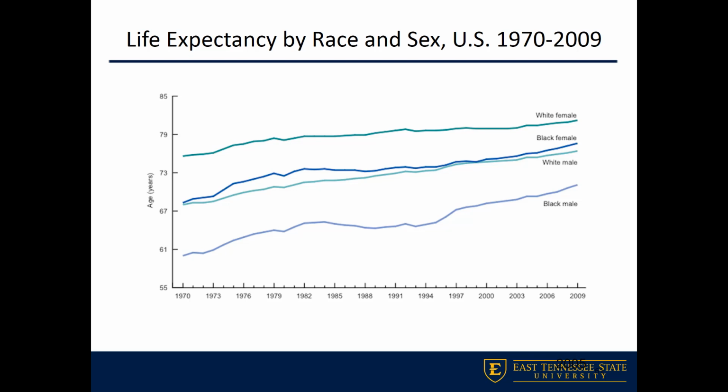Now, if we look at this data, this was the best I could find in this format to share with you. But we've actually seen something disturbing happening where our life expectancy in the United States, which was trending upward, plateaued, and now has, for the first time since the mid-90s, started to decline.